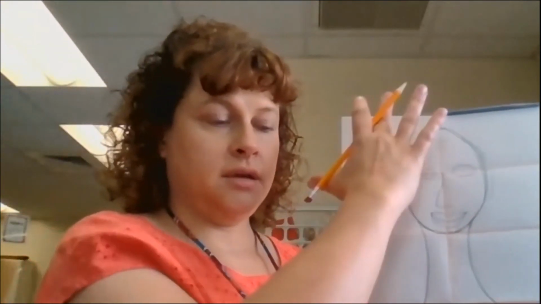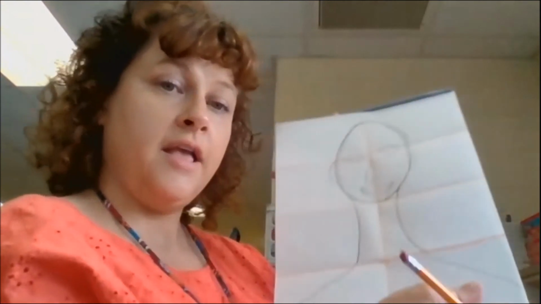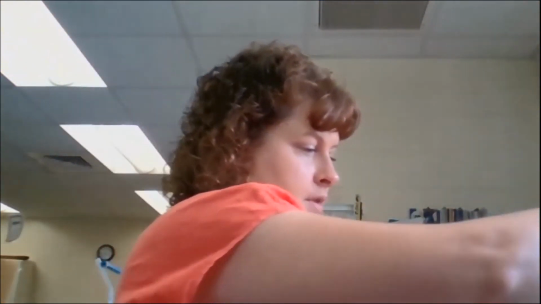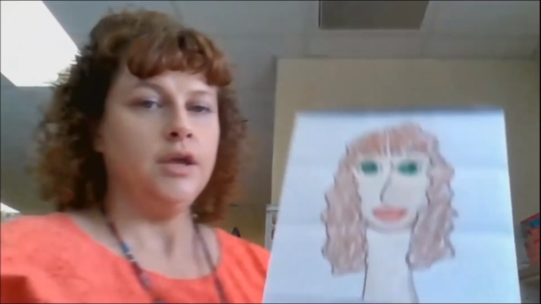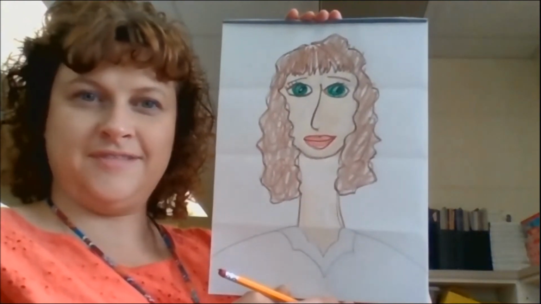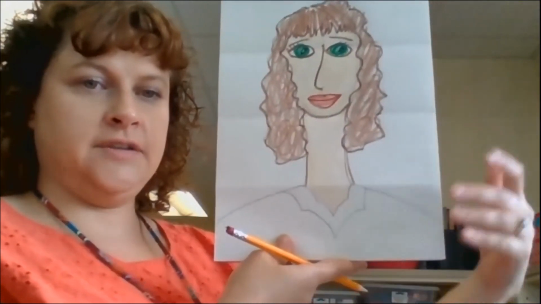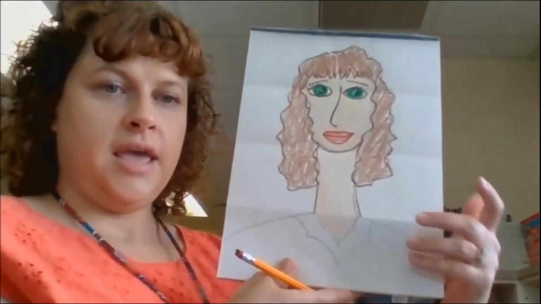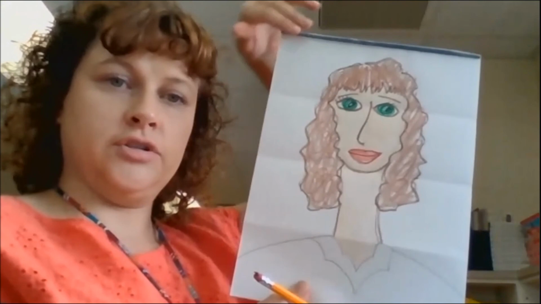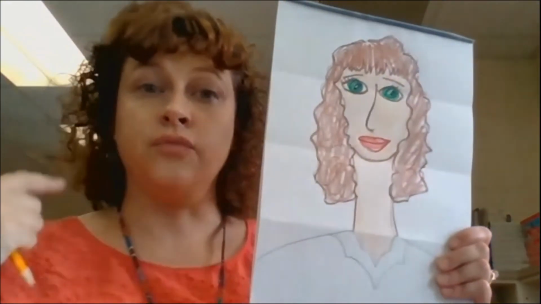Once you're done with adding all of the details that you want on here, then you get to color. And I've started another one. I'll show you one I've started coloring. So here's one that I was working on while you were watching the cartoon. And you can see I started to add color to it. So I need to finish coloring the shirt and add some kind of color to the background to finish this out so that it represents me.